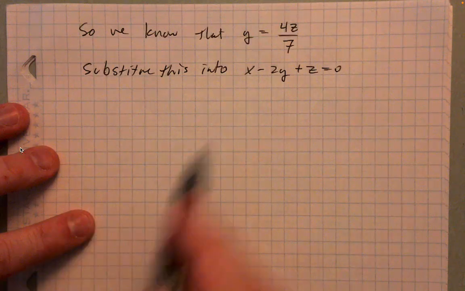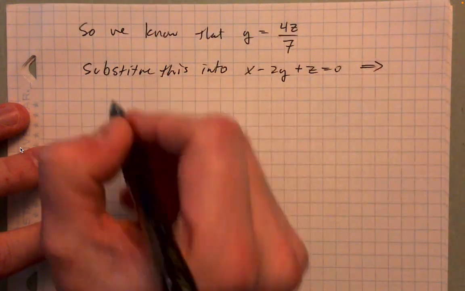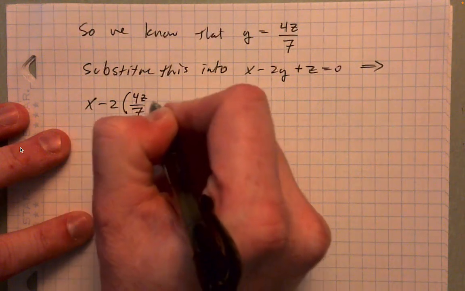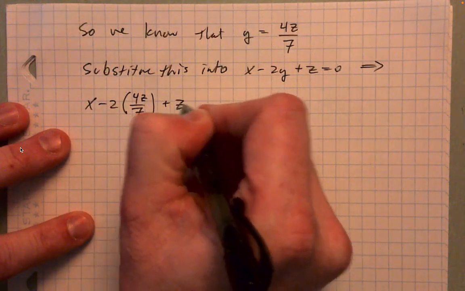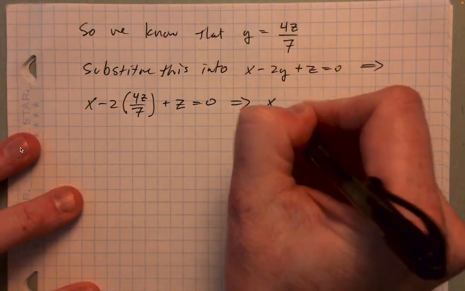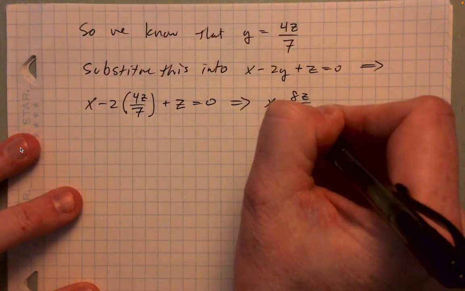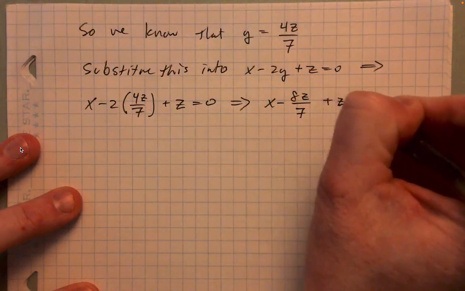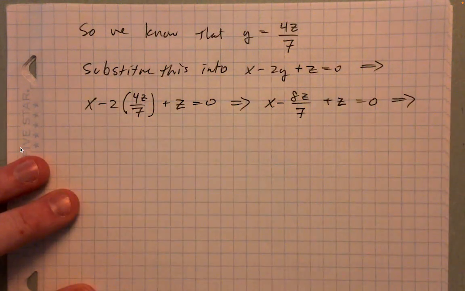And so what do I have? I get x minus 2 times 4z over 7 plus z equals 0. Okay, and so that means x minus 8z over 7 plus z equals 0. All right, so I can simplify this down.